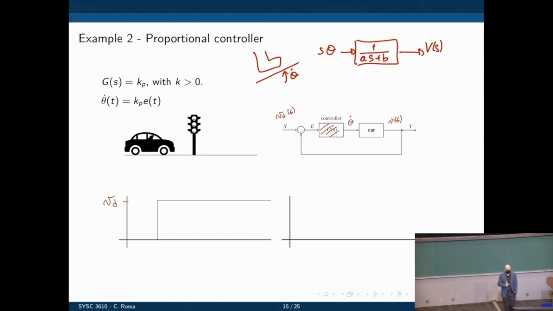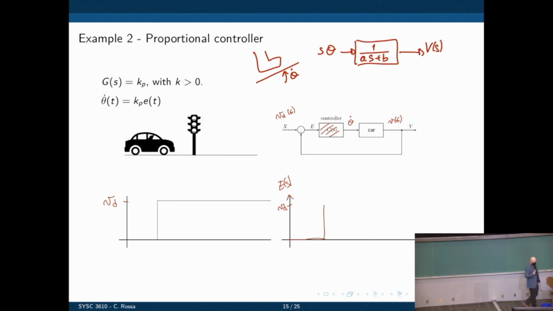So we go from 0 to Vd. What happens to the speed error? As soon as the light turns green, the error will jump to Vd because we are starting from 0, at the traffic light.